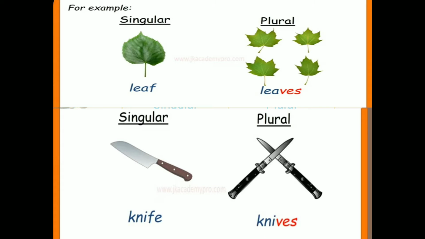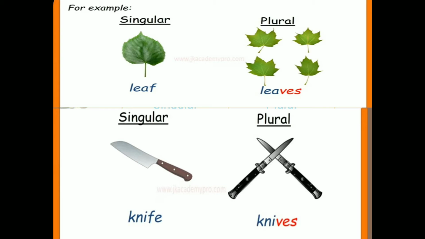See, for example, one leaf, many leaves. To change the word leaf into plural form, we will remove the letter F and instead we will add VES at the end, that you can see in the picture. Okay, let's see the next example, that is knife.